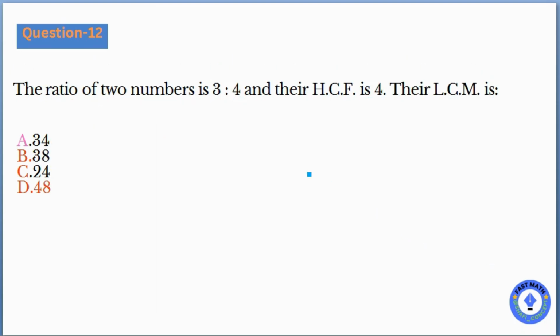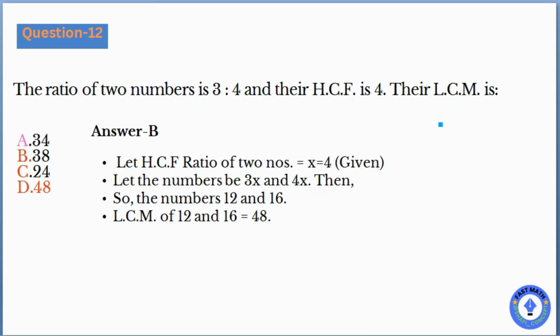The ratio of two numbers is 3:4 and their HCF is 4. What will be their LCM? Let's go into the conventional way. The ratio of the two numbers has been given as 3:4. The multiplication factor with these ratios, which is the HCF, is considered as x.